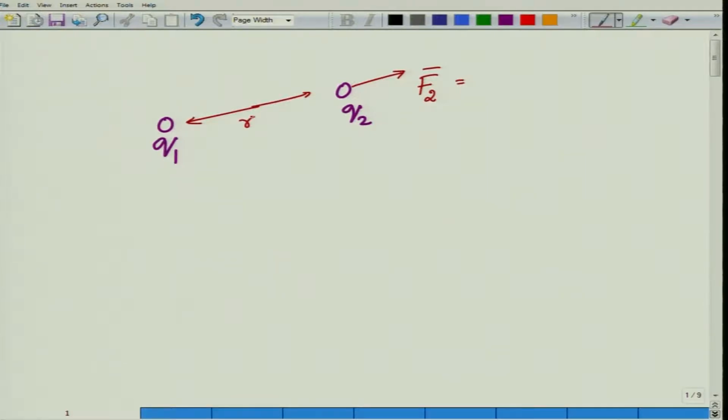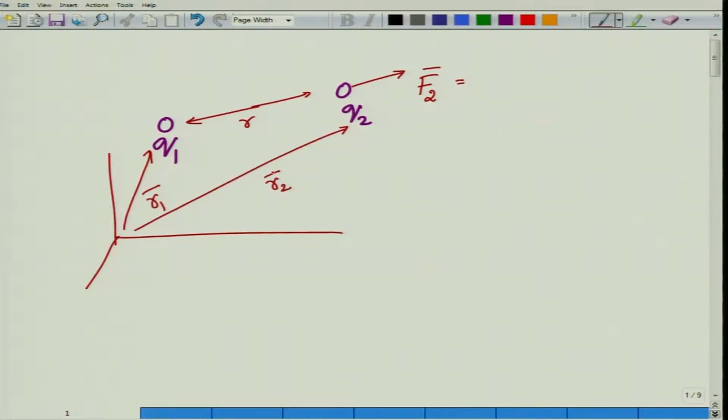Okay, but I know that this point can be given with respect to some coordinate system. You can specify a position vector r1, you can similarly specify another position vector r2, and then the distance between these two can be specified by another position vector r.